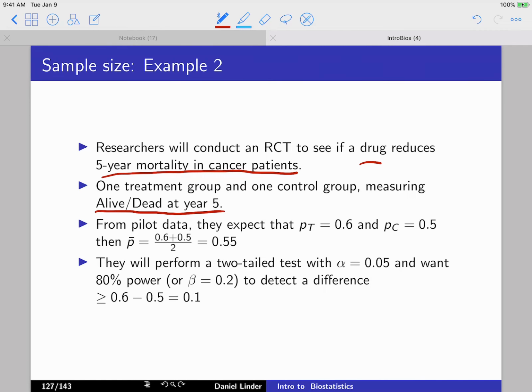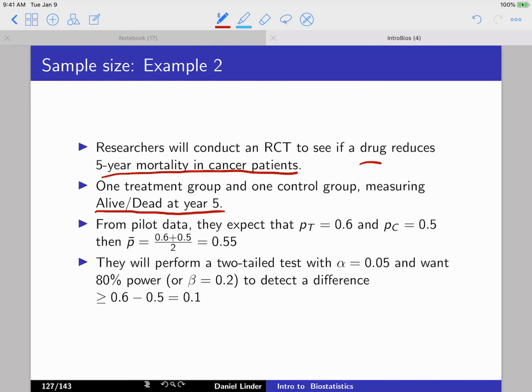So we're going to be, in this situation, interested in the proportion of people who are still alive at year 5 between the treatment group and the control group. Okay, and hopefully the treatment group, if it has an effect, you would have more individuals or a higher proportion of individuals alive at year 5 versus the control group.